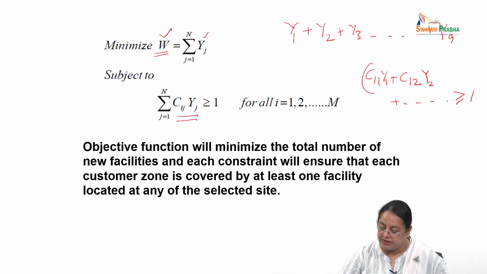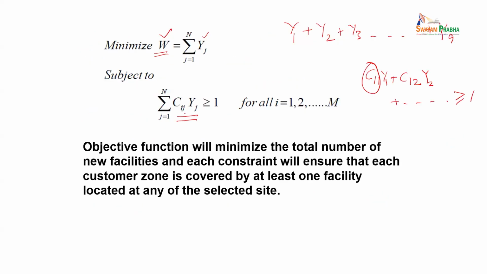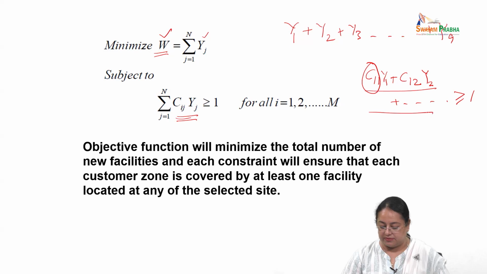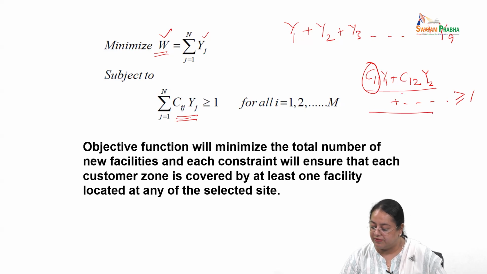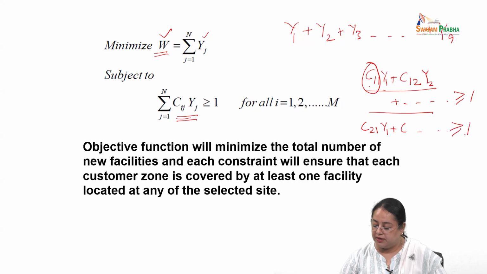Now C11, if you see, it has already captured this. So when we add C11 and Y1, this addition is for all i's. I have written this for 1. Similarly, for 2, C21 Y1, like that we will do, so it should be greater than or equal to 1.